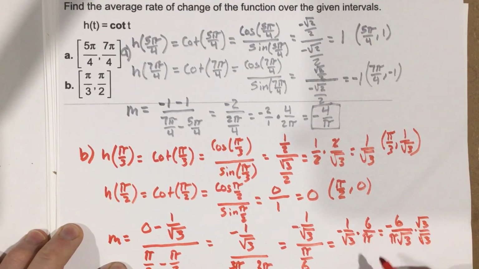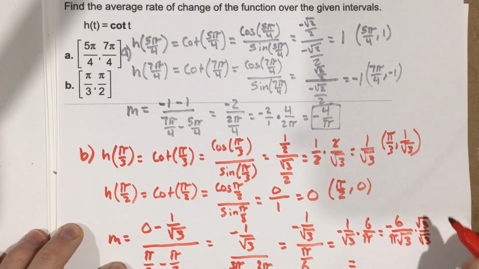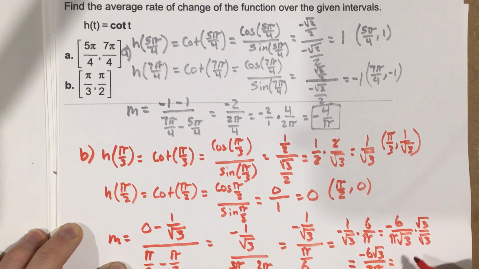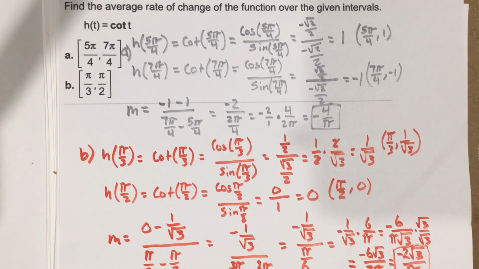And so on top, we'll get negative 6 root 3, and on the bottom this will give you just 3 pi, which then will reduce to negative 2 root 3 over pi. So the rationalizing kind of makes it look a little bit better, because negative 6 over pi root 3 didn't look so nice.